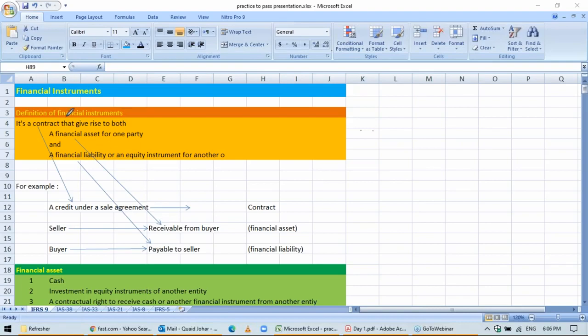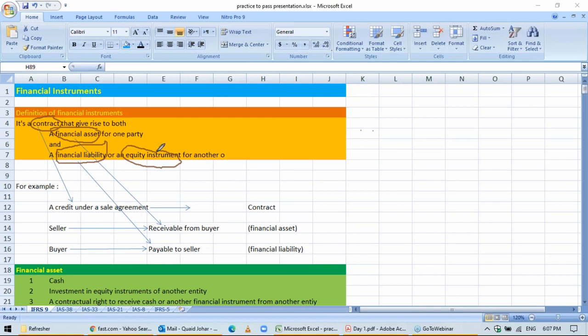If you note in the golden block, you will see that it is a contract that gives rise to both a financial asset for one party and a financial liability or an equity instrument for another party, right? So this is a necessity, that the contract should give rise to a financial asset for one party and a financial liability or equity instrument for another party.